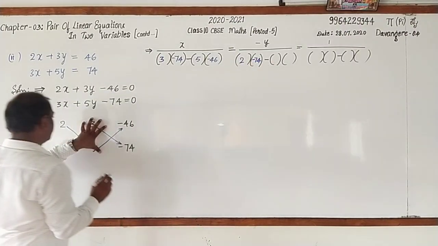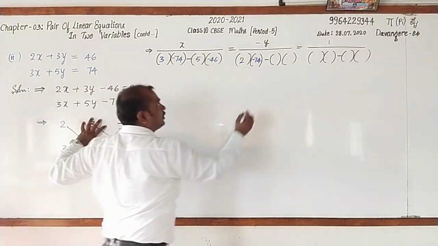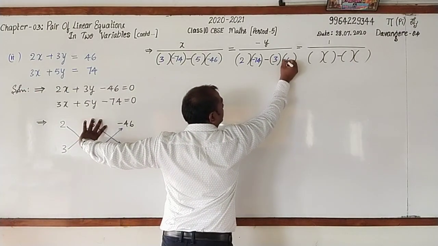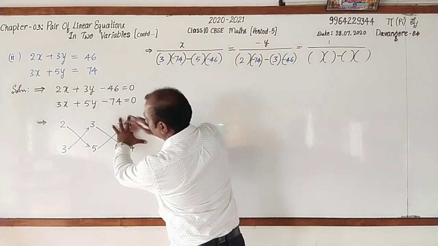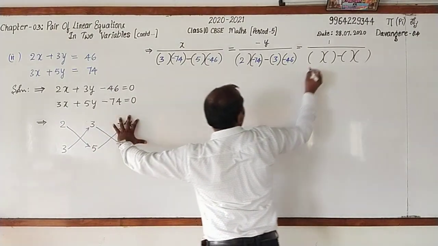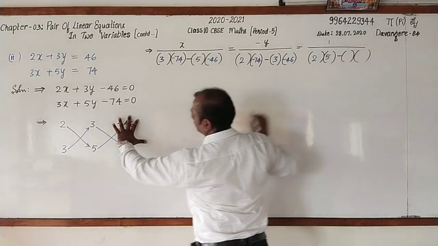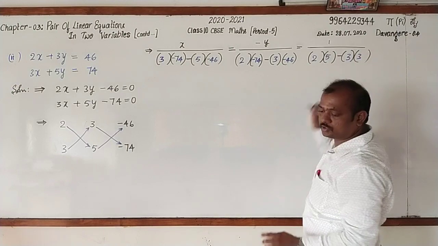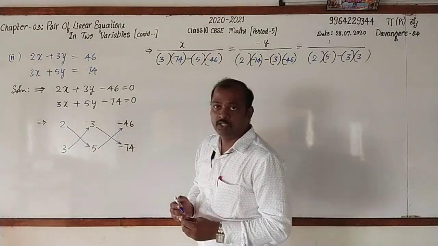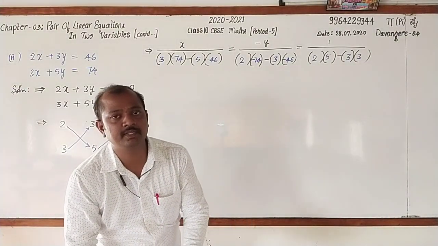Next 3, minus 46. Next, leave the constants and take the remaining 2, 5. Here I write 2, 5. Then 3, 3. Check what you have written. If your writing is correct, please go on writing with me.